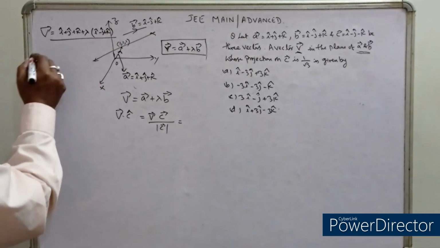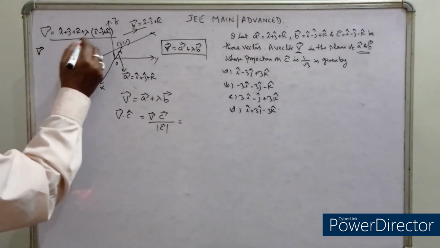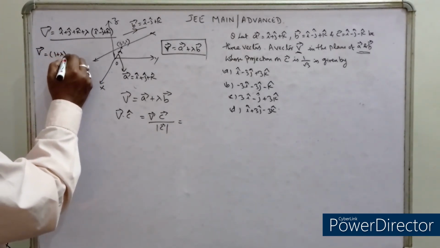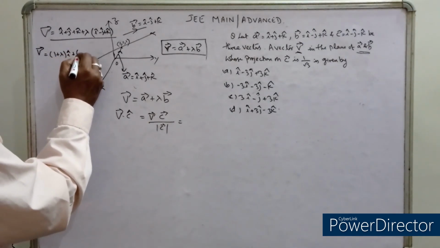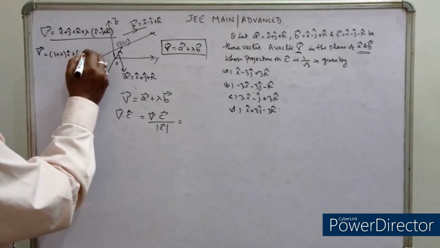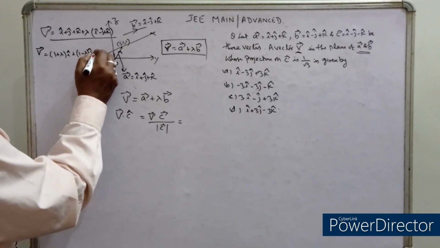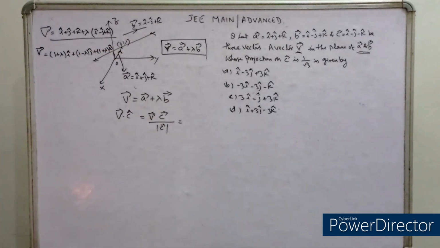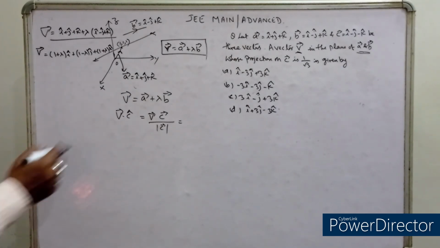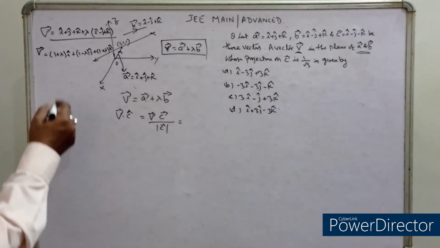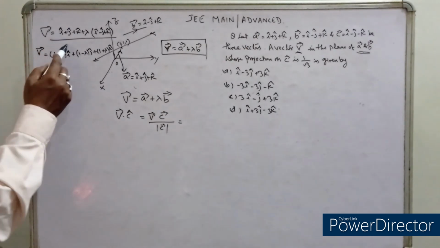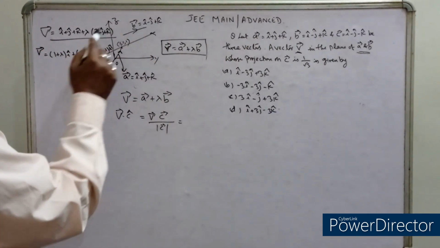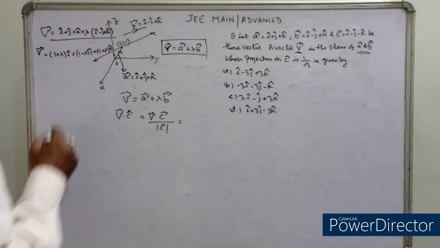So this is your V vector. Let me correct it: that is equal to (1 plus lambda) i cap plus (1 minus lambda) j cap plus (1 plus lambda) k cap. So your V vector is A vector plus lambda B vector, that is i cap plus j cap plus k cap plus lambda times (i cap minus j cap plus k cap).